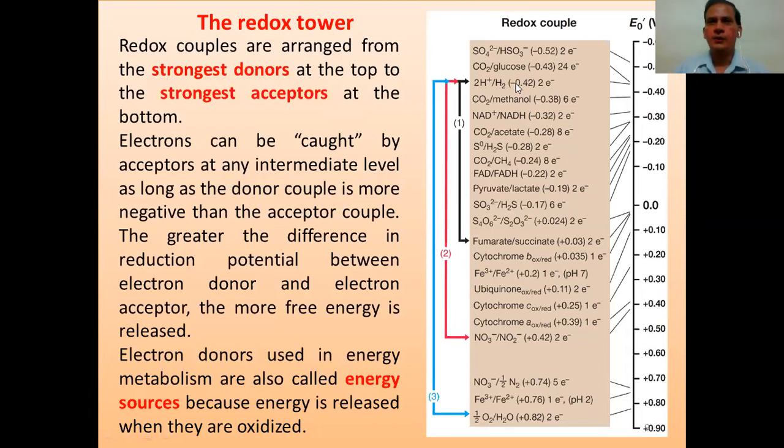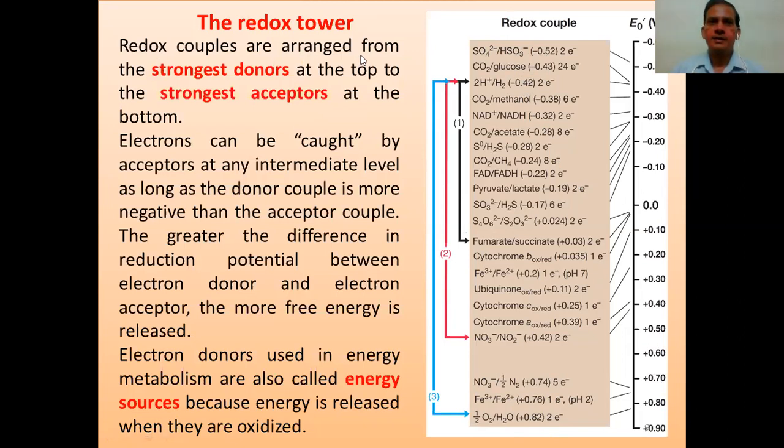So in a way, you can say that these molecules are capable of donating electrons. They are good or strong electron donors. And these molecules which have positive values are electron acceptors. So if we say redox couple, it means that one molecule has to be from this, which is electron donor, and another molecule has to be from this, which is electron acceptor.